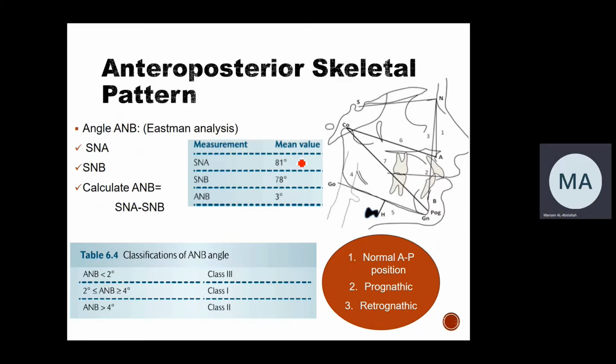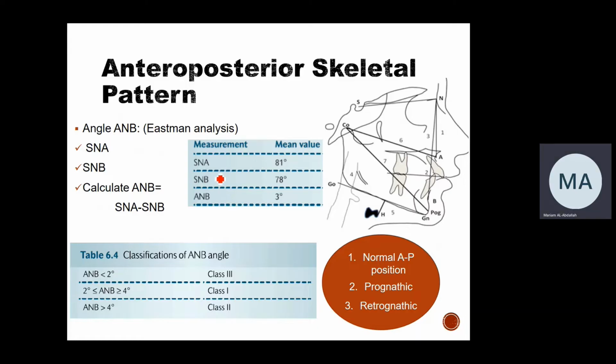So if your patient scored 84 or 85, that means that the maxilla is prognathic. If your patient scored, for example, 81, that means the maxilla is occupying a normal position in the anterior-posterior dimension in relation to the cranial base. If your patient scored 77, for example, for the SNA, that means that the maxilla is retrognathic.